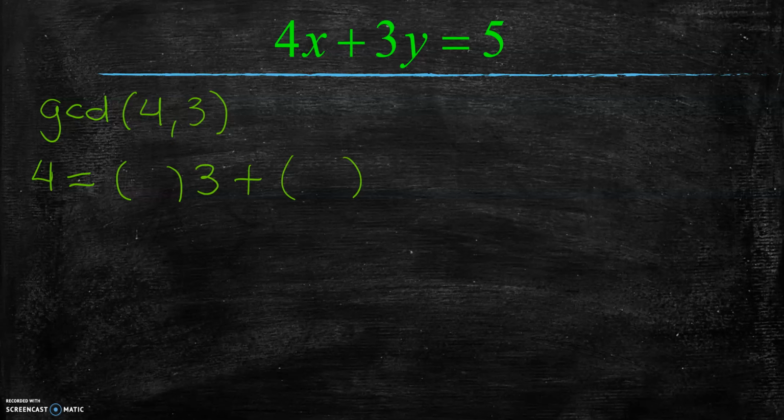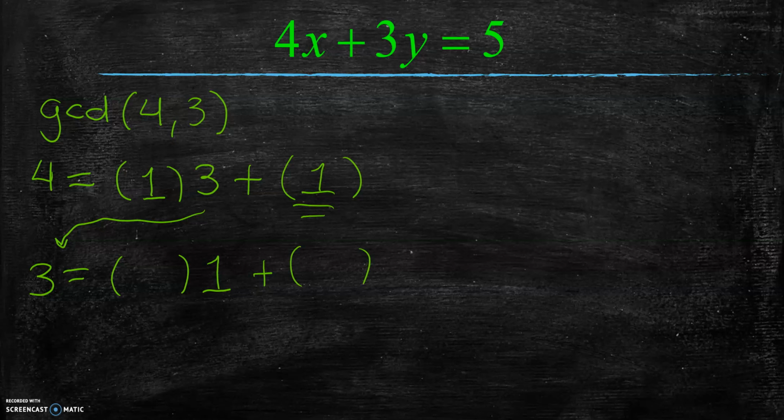So 3 only goes into 4 once, which means that 4 minus 3 gives us a remainder of 1. Now our goal is to get a remainder of 0, so we're going to keep going. Now 3 is going to move over here, and it's going to equal something times our remainder, plus a new remainder.